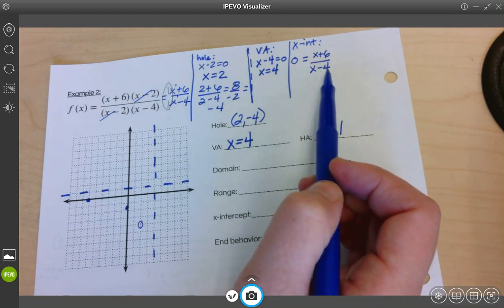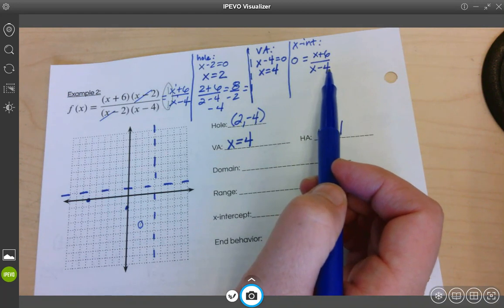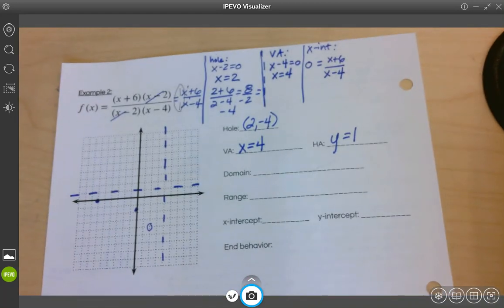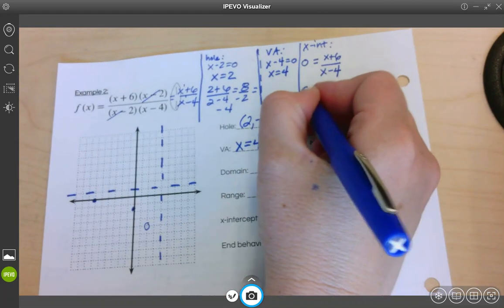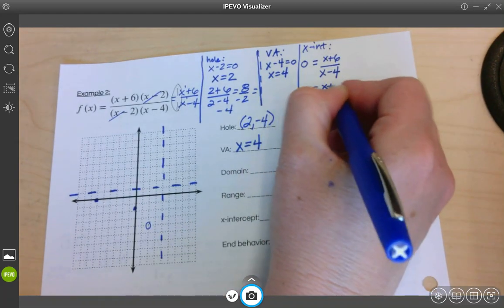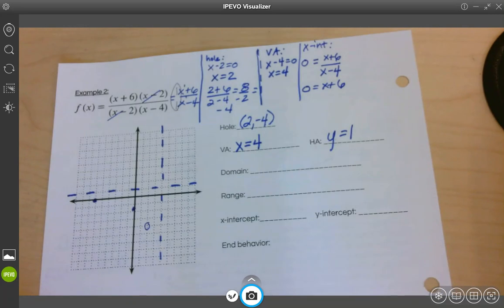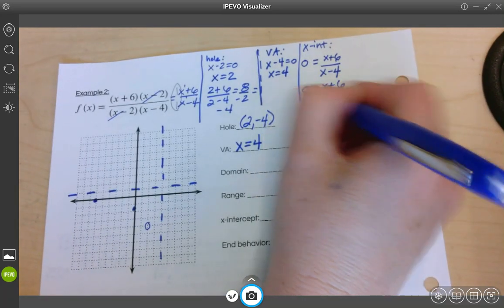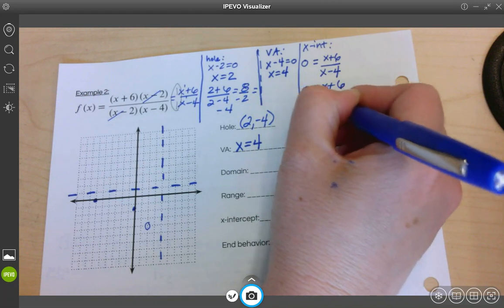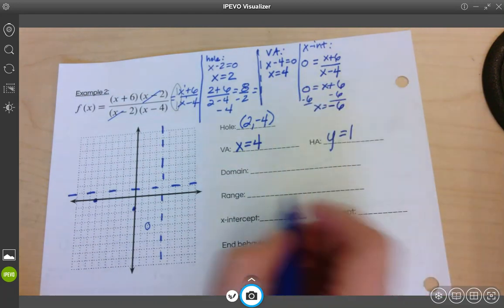Another way to think about this is when you're thinking of a fraction that equals 0, it's just the numerator that has to be 0. It doesn't matter what the denominator is. 0 over 5 is 0, 0 over 10 is 0. Either way, we get 0 equals x plus 6. And then we have to subtract the 6 to get x equals negative 6.